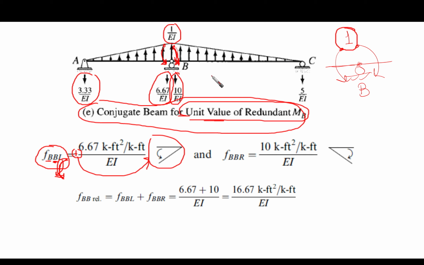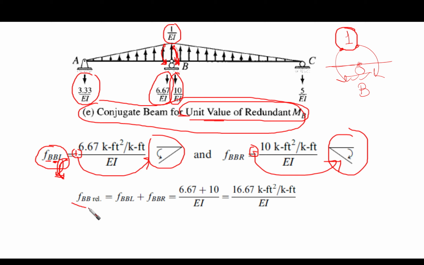Then we can get the reaction, which is 10 over EI. For beam BC, it is going down from the left, so it is negative, and I can remove the negative and put it as clockwise here.